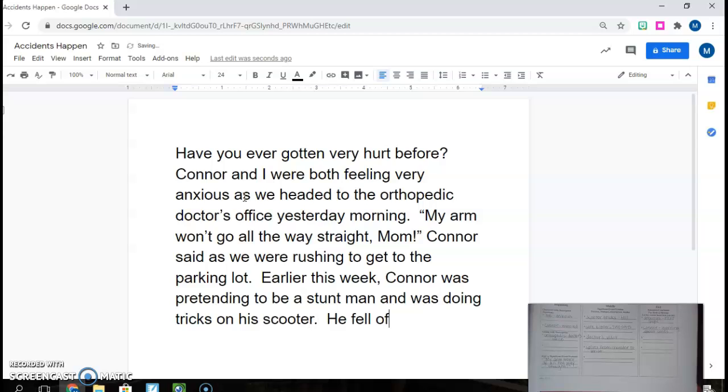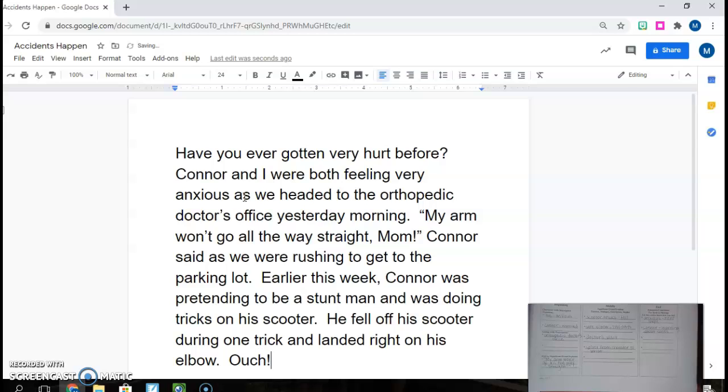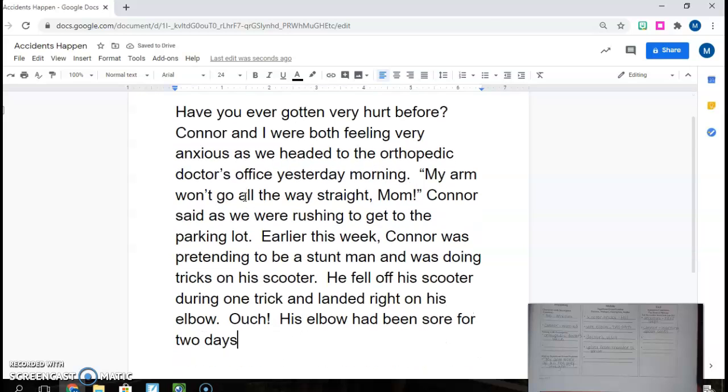He fell off his scooter during one trick and landed right on his elbow. Ouch! His elbow had been sore for 2 days.